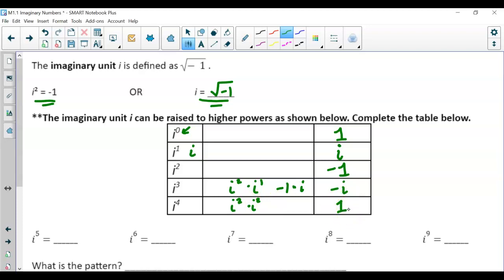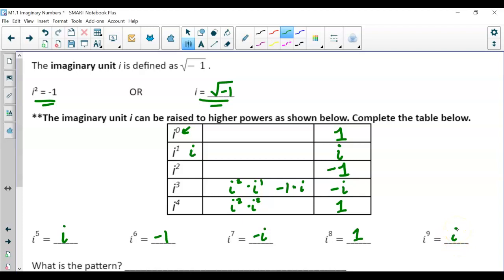So notice from our table here, the first powers of i are 1, i, -1, -i, back to 1. So i to the fifth, guess what that's going to be? i. Then i to the sixth is -1. i to the seventh is -i. Then guess what i to the eighth is going to be? Back to +1. i to the ninth is i.